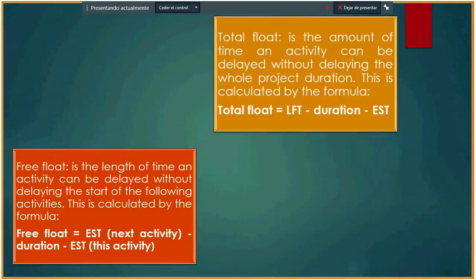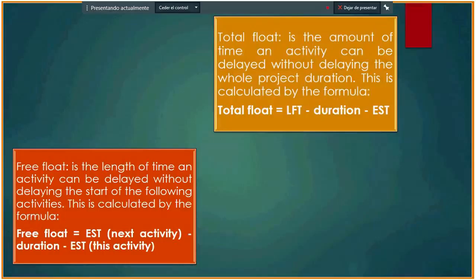And total float is the amount of time an activity can be delayed without delaying the whole project duration. This is calculated by the formula: total float equals LT minus duration minus IST.